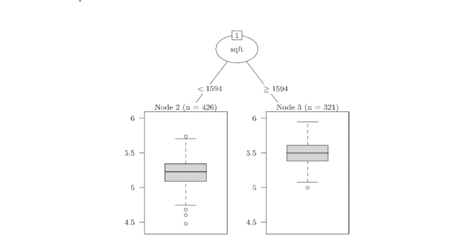In this particular case, you can see it picks the square footage of the house, and if you're above, let's say 1,600, here's the distribution of sale prices, on a log 10 scale, for houses on that side of the split, and this is about 300 on that side. If you have a smaller house, proportionally you have lower sale price, which makes sense.